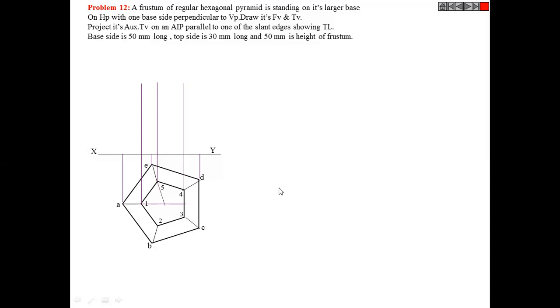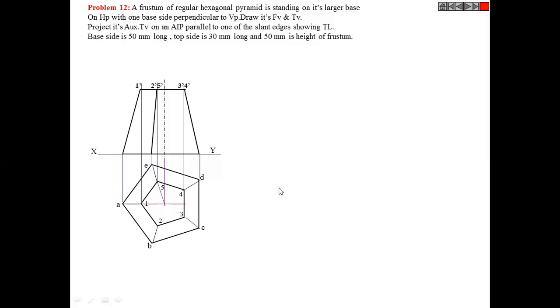I have shown you previously in the sheet also that they join at the apex only. Why is it done? Because height is to be taken, and height is generally calculated with respect to the axis. Top side is 30 mm, height of the frustum is 50 mm. So now this is the frustum, and the front view and top view are done.